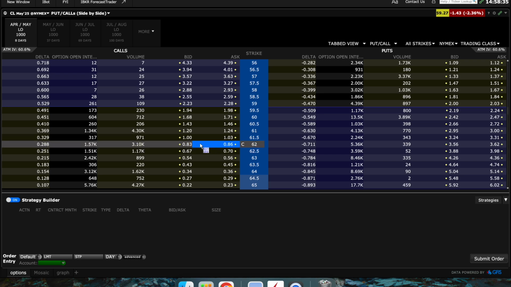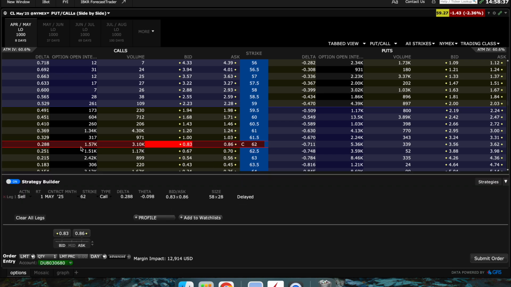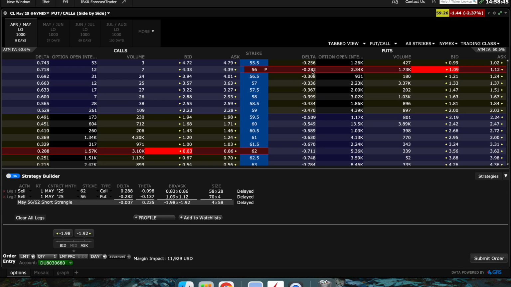Now, what happens if we sell a call at delta 28.8 and we sell a put, let's say delta 28.2? What is our probability right now? Well, it's pretty simple. You just connect them both. If you add delta 28 and delta 28, and they're both short positions, we are looking at a delta of 56 in total.